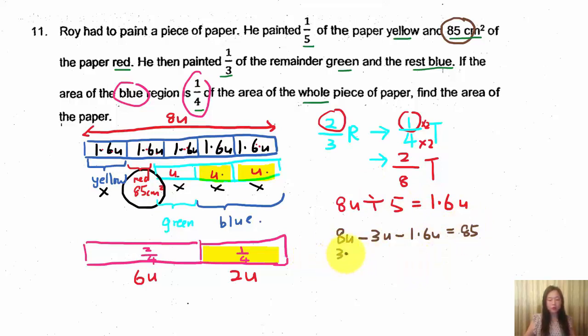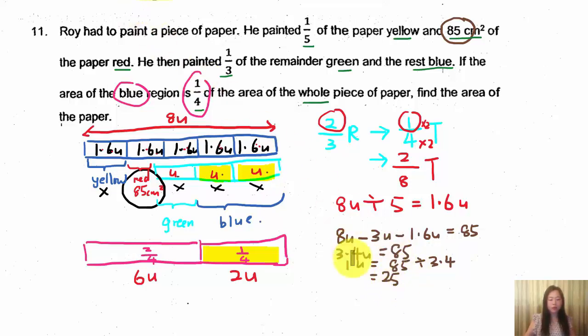So 3.4 units is actually equals to 85 cm square. 1 unit is actually equals to 85 divided by 3.4, and the answer will be actually 25.